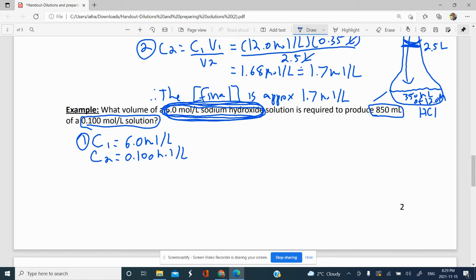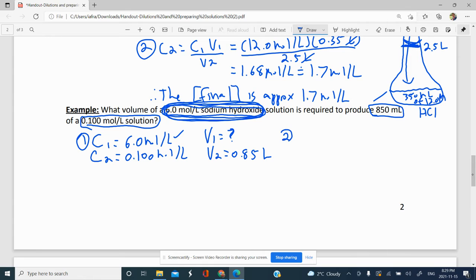So much more dilute. We've added quite a bit of water there. And we know we want, how much of that? We want 850 mL or 0.85 liters of that final solution. So we basically want to figure out how much of the concentrated stock do I need to make this solution.